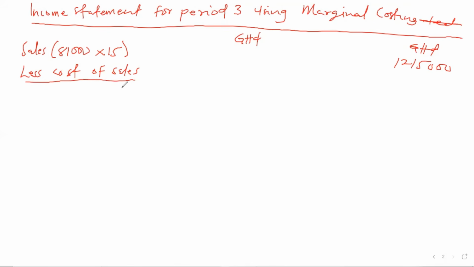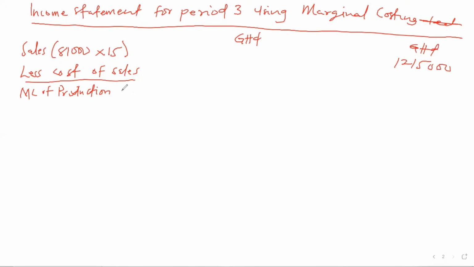So if there is no opening stock, then we start with our production, that is the marginal cost of production. Now we go to the question and find our production unit. What is our production unit? Our production unit is 100,000. That is what the question said.